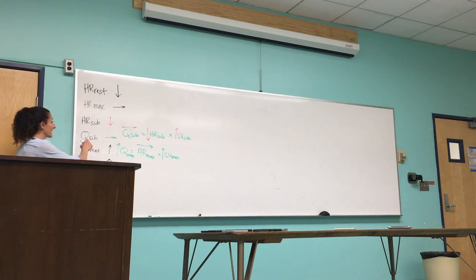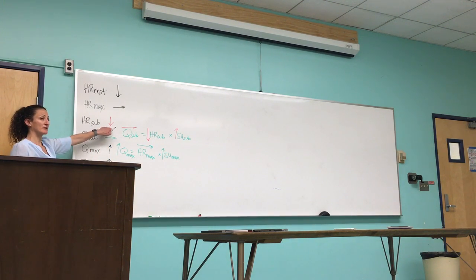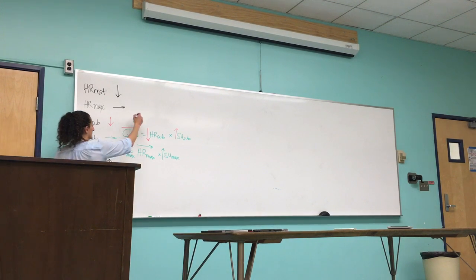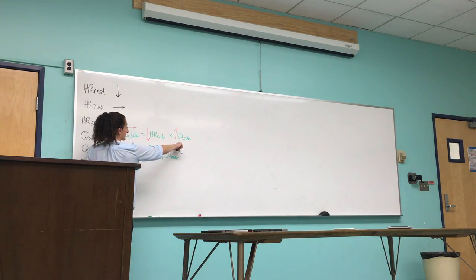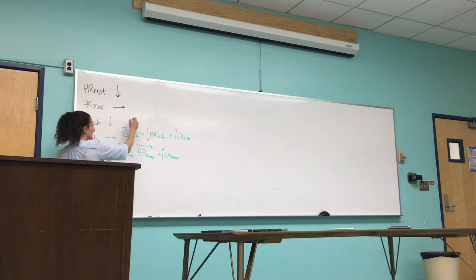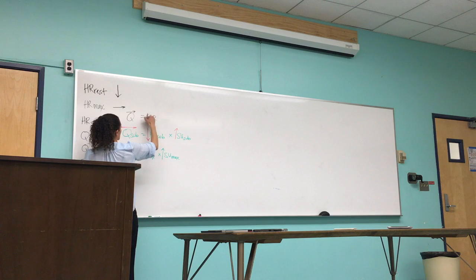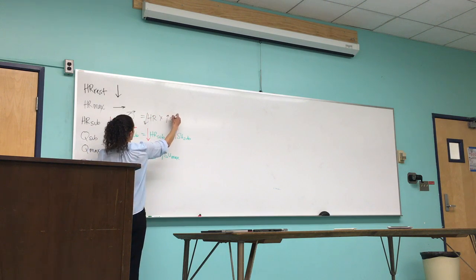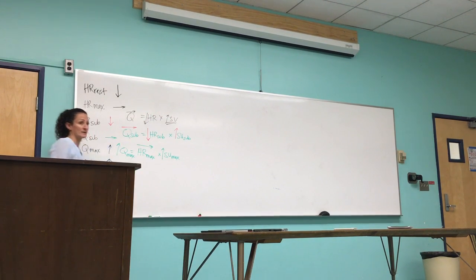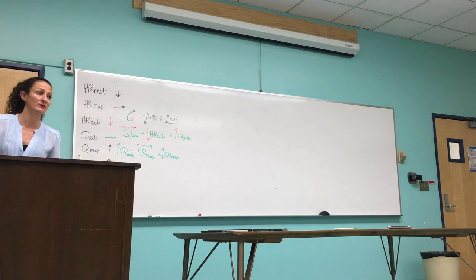Yes, heart rate submax. A trained person's heart rate submax is lower than an untrained person because the stroke volume is higher to maintain their cardiac output. So you could write the same thing here. Cardiac output is maintained by a lower heart rate and a higher stroke volume. Increases in stroke volume help to maintain cardiac output.